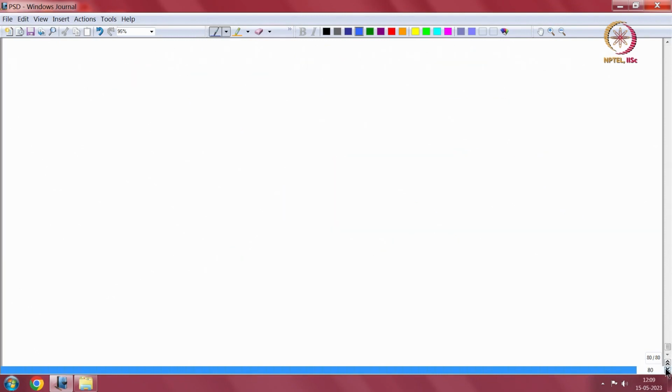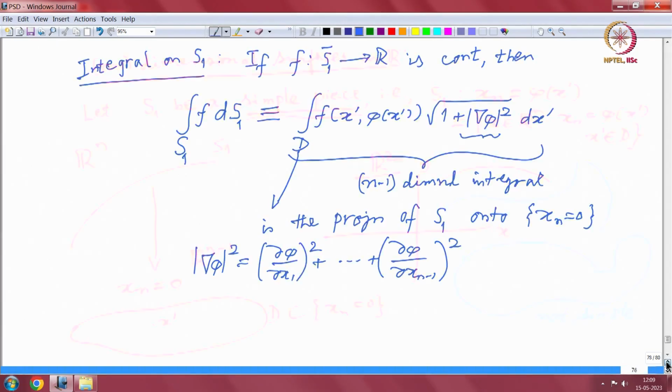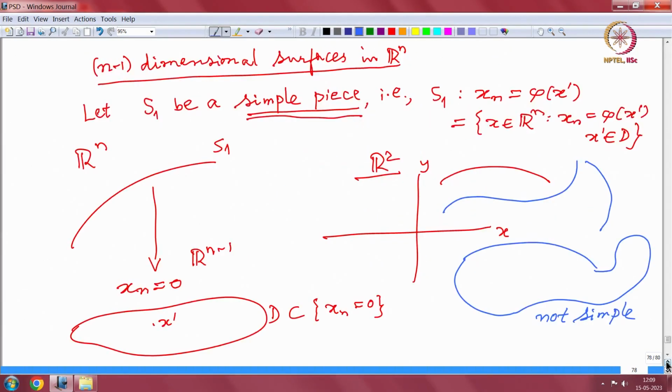For our purposes, I forgot to mention one important thing here about this phi. We need some smoothness, so phi is of class Cm, and m is at least 1. Then we call this simple piece of class Cm.